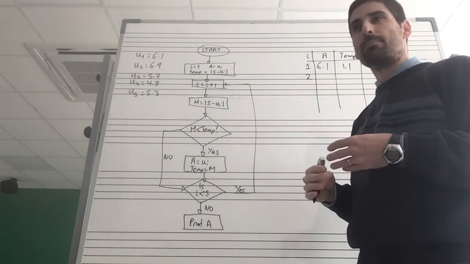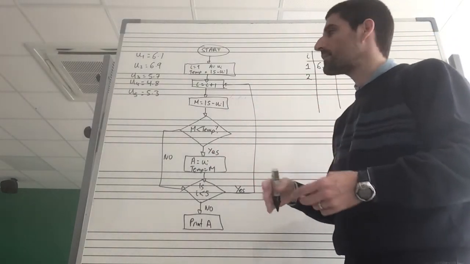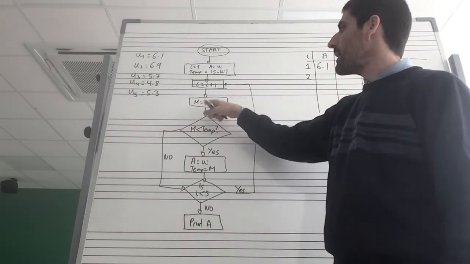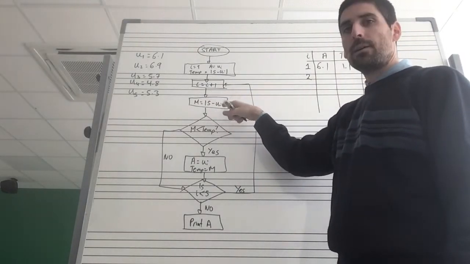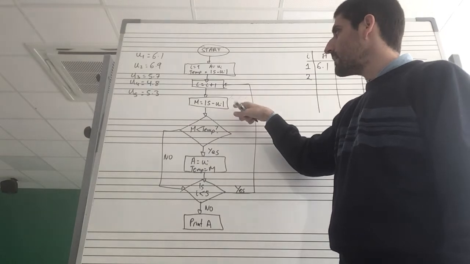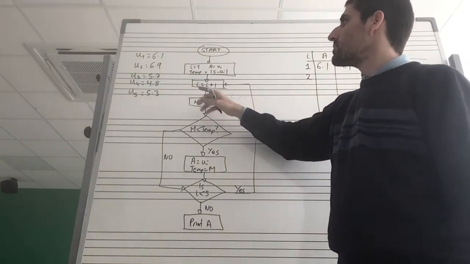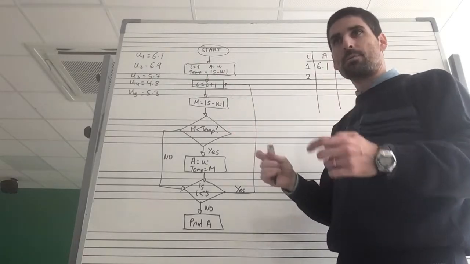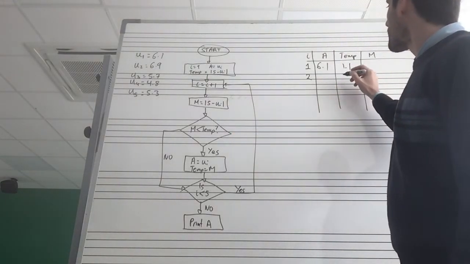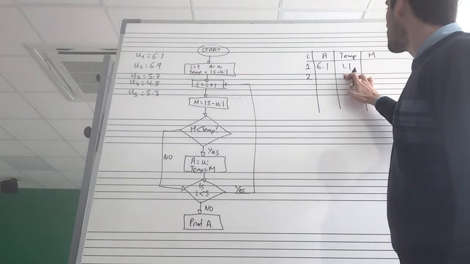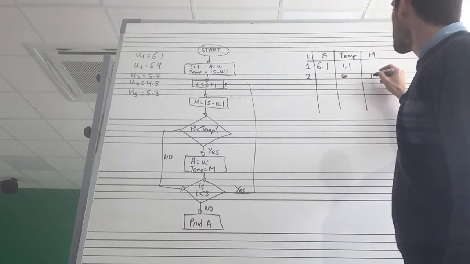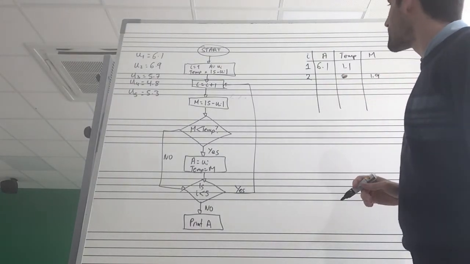I is known in programming as a counter, so we move the counter up. Next step, n equals the absolute value of 5 minus ui. Well, I is 2 now, so ui must mean u2, so it's the absolute value of 5 minus 6.9. So n equals 1.9.